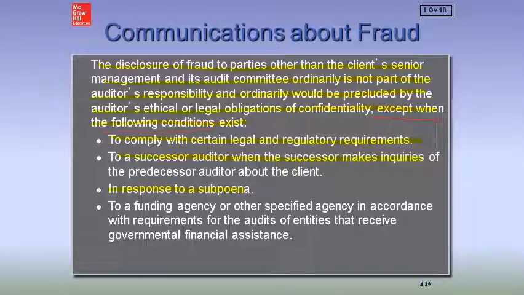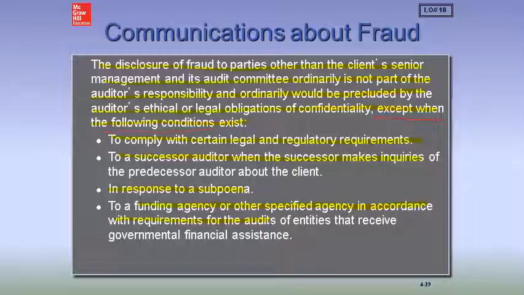Okay? And if a funding agency has specific requirements that we report fraud, and this is thinking largely about the federal government that provides federal financial assistance to various entities, state and local governments, not-for-profit entities, and they require that if you identify fraud, you report that in your report on compliance with laws and regulations.